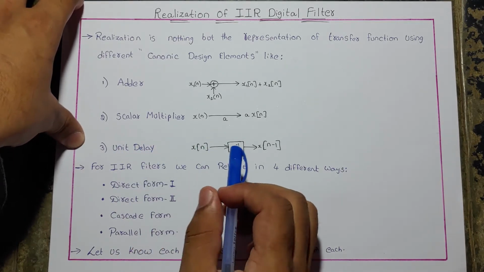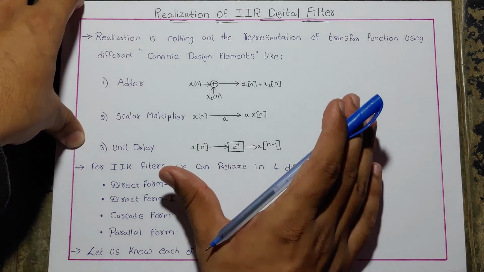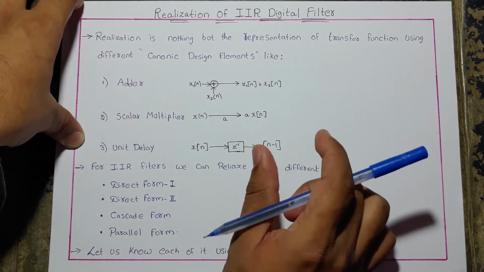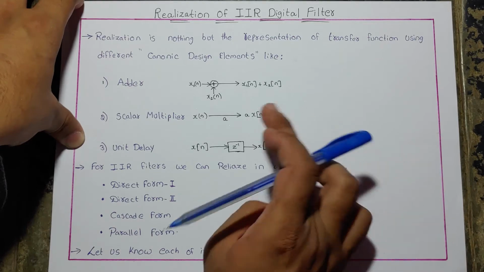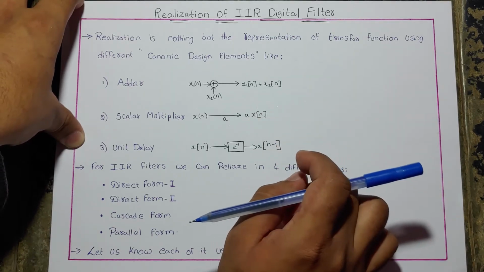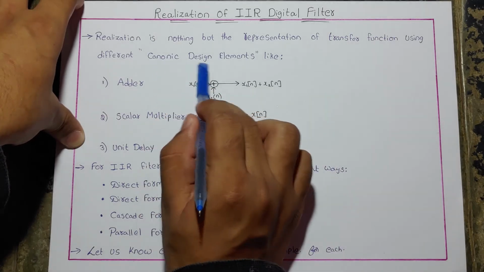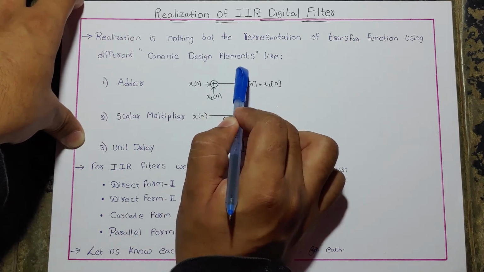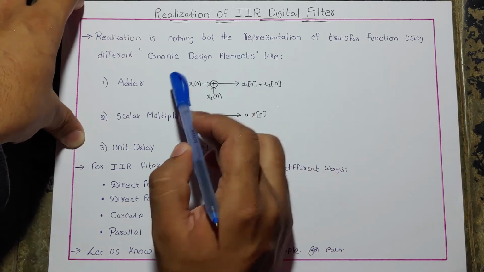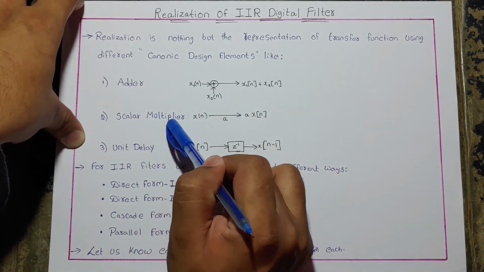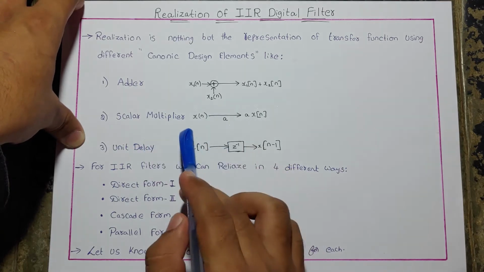In general words, for representing a transfer function, we use some elements for graphical or pictorial representation. Those are called canonical design elements. Examples of them are adder, scalar multiplier, and unit delay.